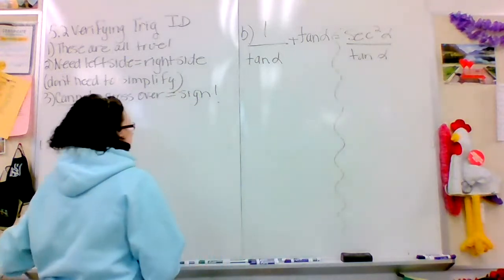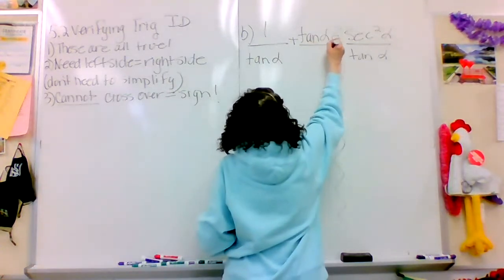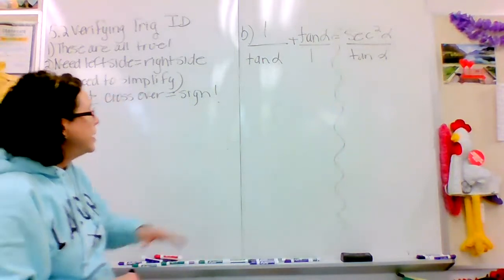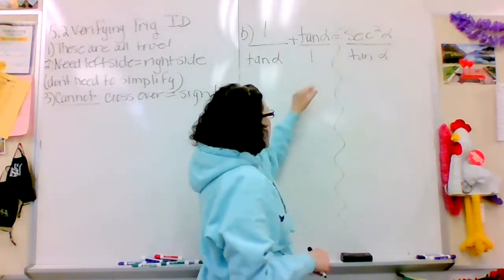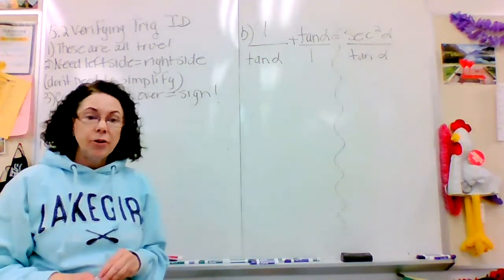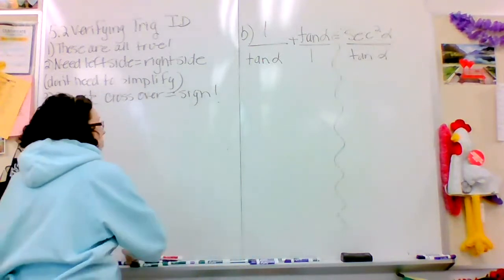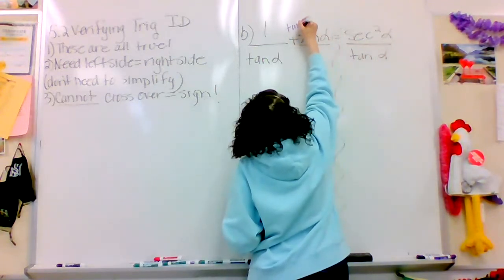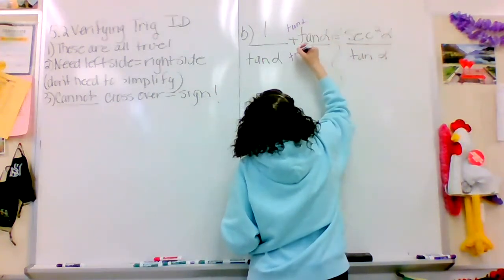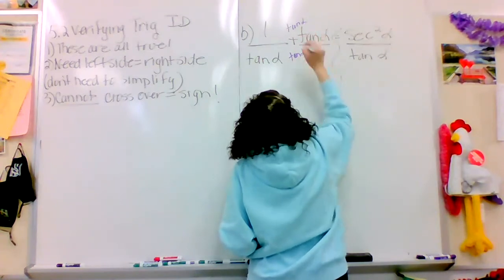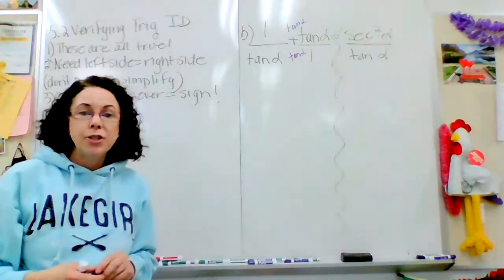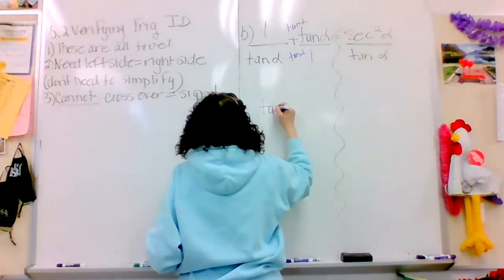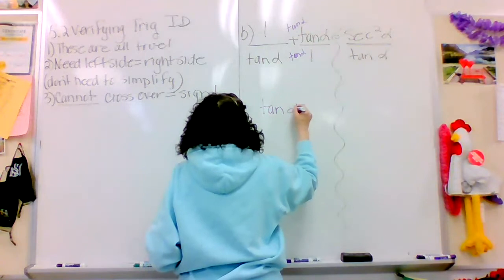So here's what I think I need to do. I think I need to make tangent fishy over 1. I think on the left-hand side, I need a common denominator of tangent, because I like it here. I see it right here on the right. I'm going to multiply the top and the bottom of the second fraction by tangent. Now there's a common denominator of tangent.